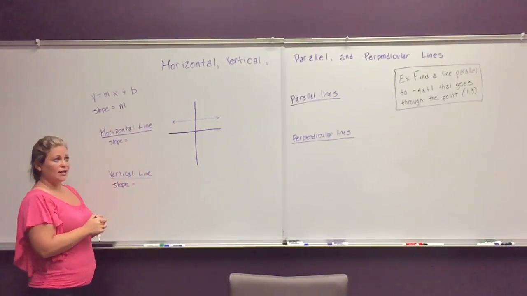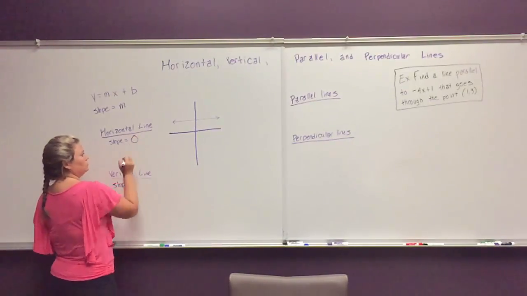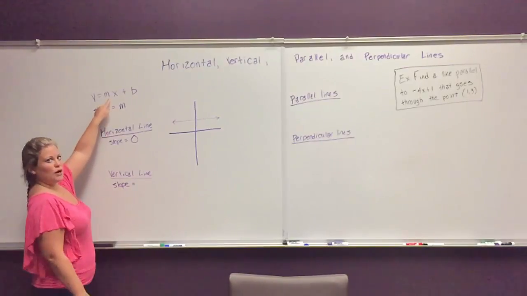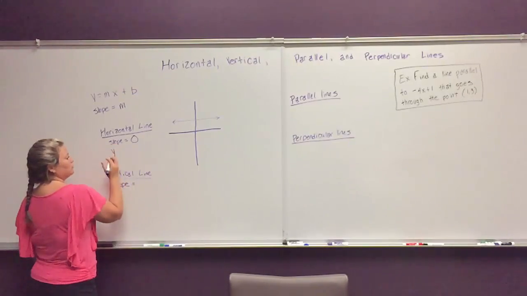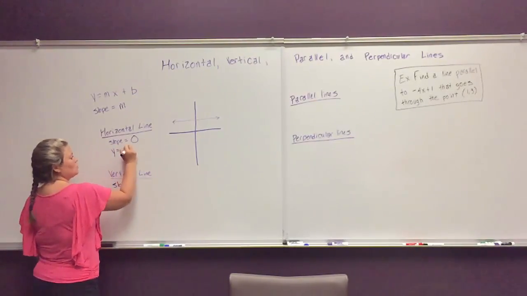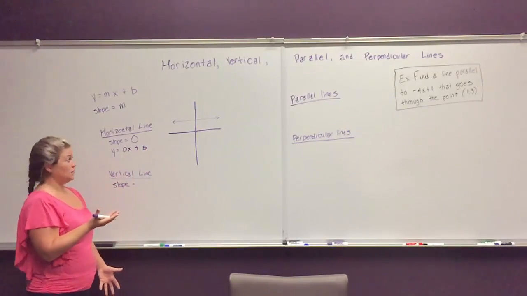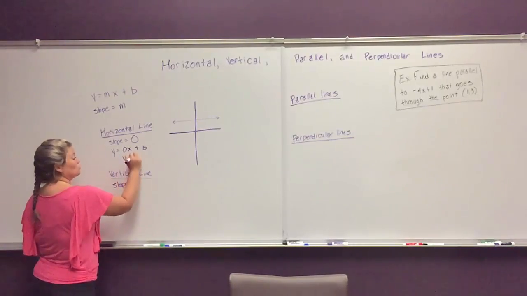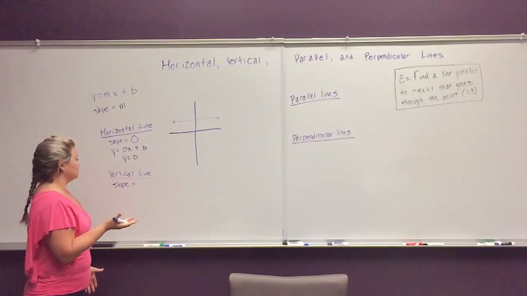Then it's flat, and our slope is actually 0. So in that case, you're putting a 0 in for m to multiply by x, so your equation might look like y equals 0x plus b. In that case, you end up with an equation that looks just like y equals b. So horizontal lines have the equation y equals b.